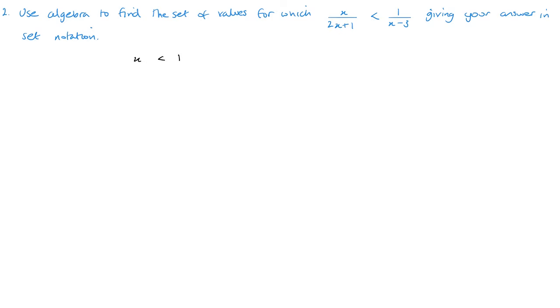So on the left, I'm going to have 2x plus 1, x minus 3 squared times x, and this one is going to be times x minus 3, 2x plus 1 squared. And then again, I'm just going to take everything to the left, but it's up to you which way round you do it. You can take things to the right if you prefer.